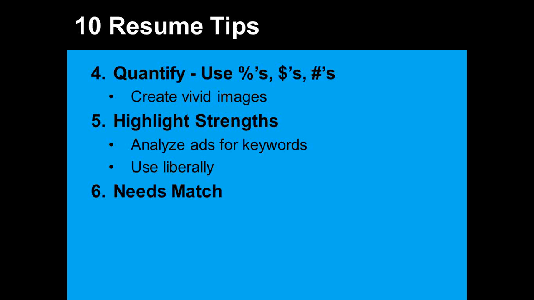The one that's written badly isn't bad in terms of what you do, it's just not putting any power to it. Another example of a bad one would be sold widgets to clients located in the Midwest. A good one would be increased sales by 17% in a 5-state territory. It just allows you to create those images and show the impact you're having on your company or business.